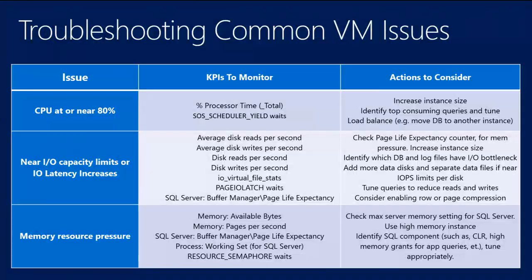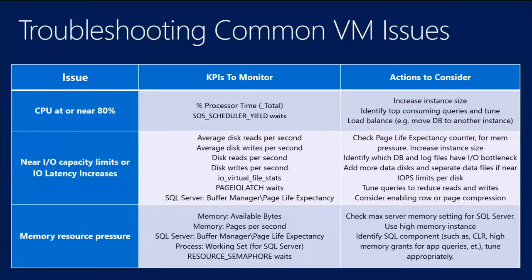If it was something like CPU starting to reach maximum capacity, and you were looking at those wait stats that we mentioned in the earlier DMV, you may see a lot of SOS scheduler yield waits. These might start going up. And obviously, you could check the percent processor time, and you could actually see that.